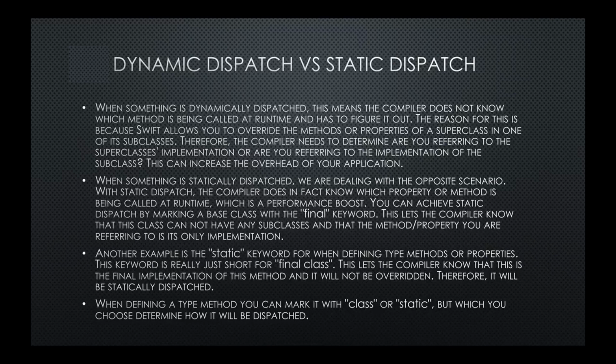Statically dispatched means the compiler can figure out which method to call at compile time. Whereas with dynamic dispatch, the compiler will not be able to figure out which method to call at compile time, and that is why it is called dynamic dispatch and is decided at runtime.